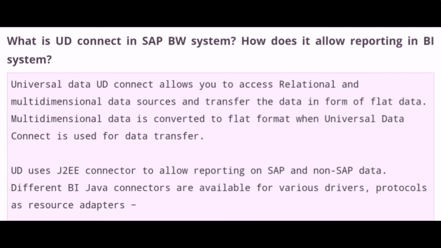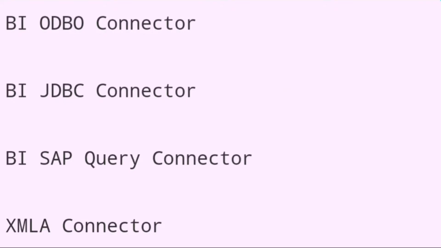UD Connect uses the J2EE connector to allow reporting on SAP and non-SAP data. Different BI Java connectors are available for various drivers and protocols as resource adapters. They are the BI ODBO connector, BI JDBC connector, BI SAP query connector, and XMLA connector.